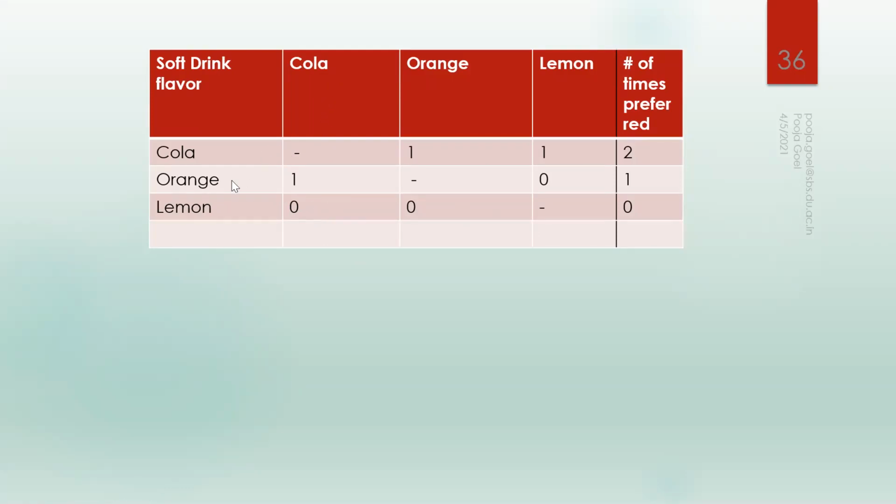Between cola and orange, he is preferring orange, so he has written 1. It doesn't make sense that between cola and cola he will give any preference, so nothing will come here. Similarly, between orange and cola, he is preferring orange, so it is 1.